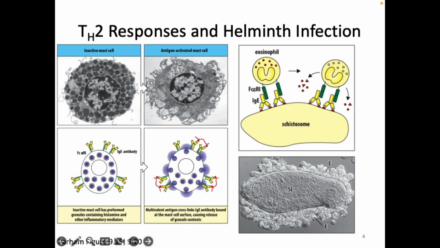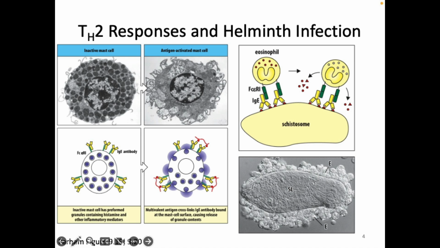Then if an antigen is present that binds to that IgE antibody, that cross-links the mast cell and leads to the mast cell expelling its granules. The granules are pre-made. That's going to become something important on Friday. The granules are pre-made, and these granule components can be immediately released.